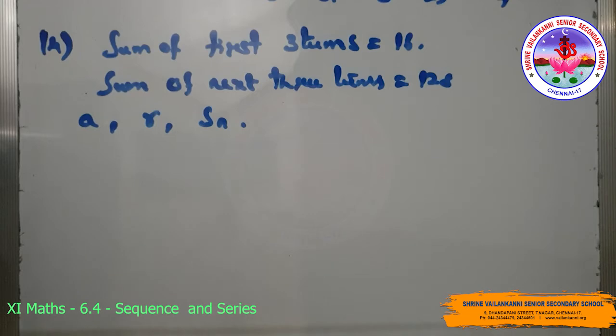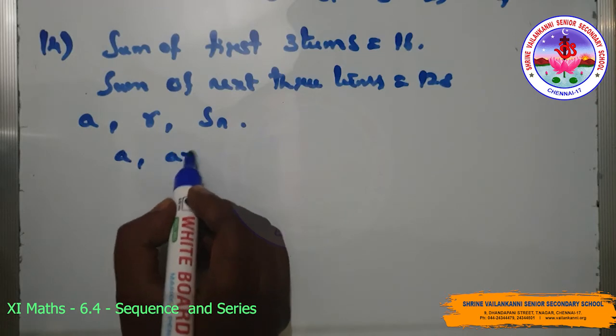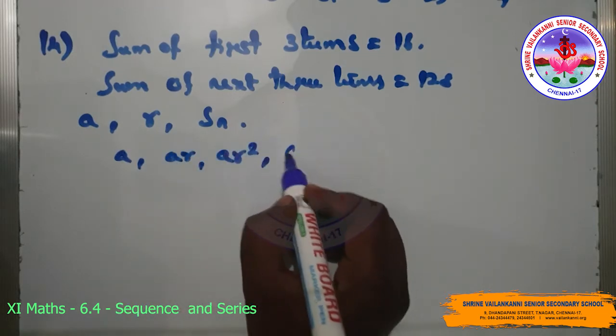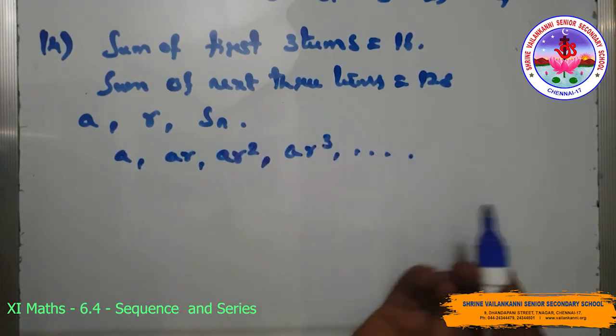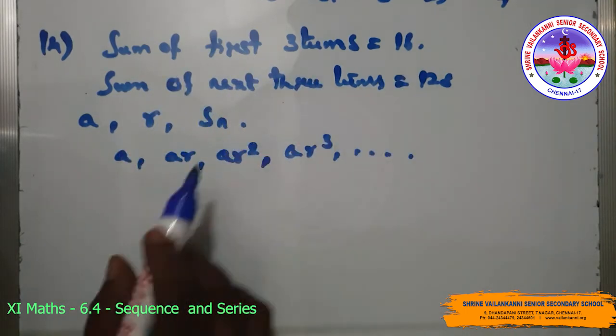14th question. The sum of first 3 terms of a GP is 16 and the sum of the next 3 terms is 128. Determine the first term, the common ratio and the sum to n terms of the GP. So let's assume the GP to be A, AR, AR square, AR cube, etc. So according to the question, the sum of the first 3 terms is 16.